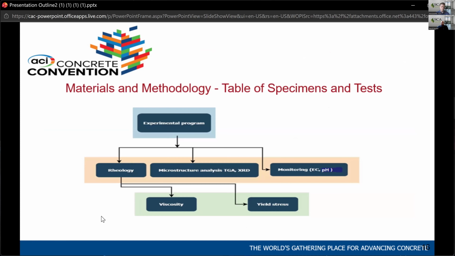Material, and this is the table of specimens and tests. I applied rheology, which is viscosity and yield stress.